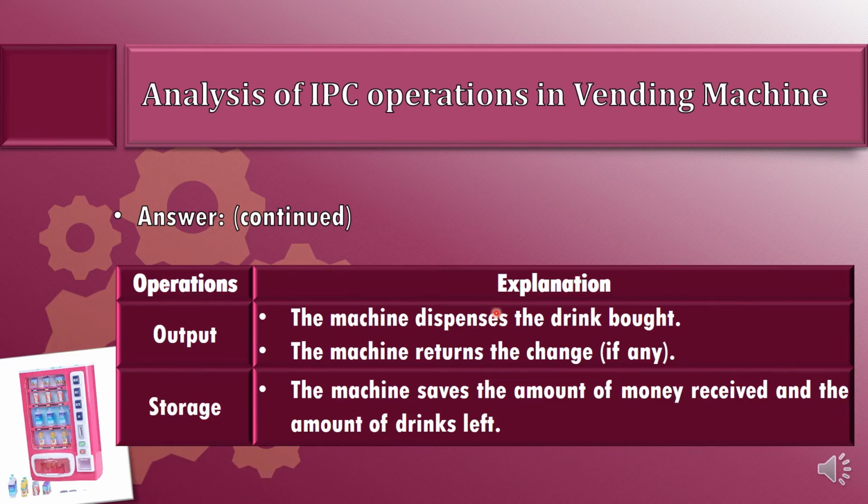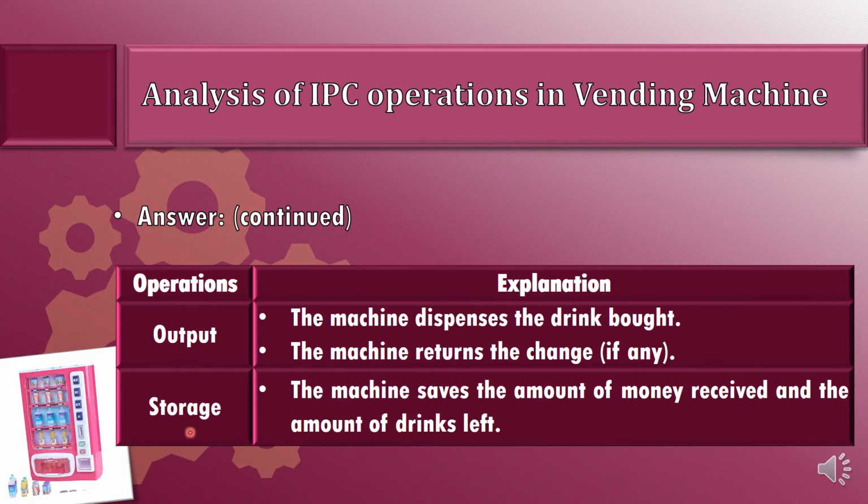We use the verb dispense. And the second answer you can write, the machine returns the change, if any. So you will see a new verb here, which you never heard in the previous examples. We use the verbs return and dispense to refer to the output operation.